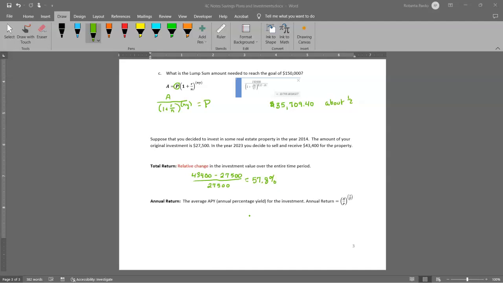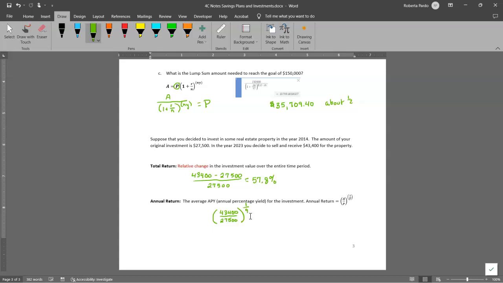Now we want to look at the annual return, so that's how much is given per year. Now we can't divide this by the 9-year difference because, again, this is compounding interest, not simple interest. So we have a different formula. We're going to take the ending number divided by the beginning number, and then 1 over 9.